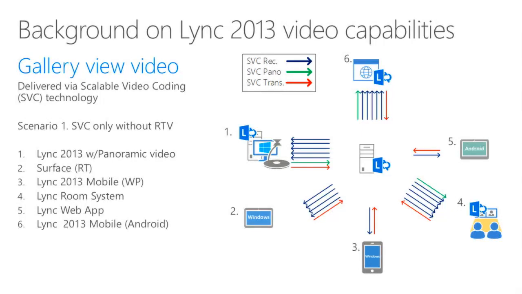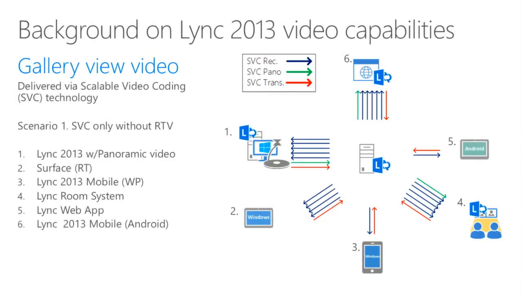Certain types of clients are going to get a different experience, which results in different types of streams being sent and received by that client. In the case of clients 3 and 5, one stream is received and one stream is sent, because those mobile clients are only doing this single active speaker experience.